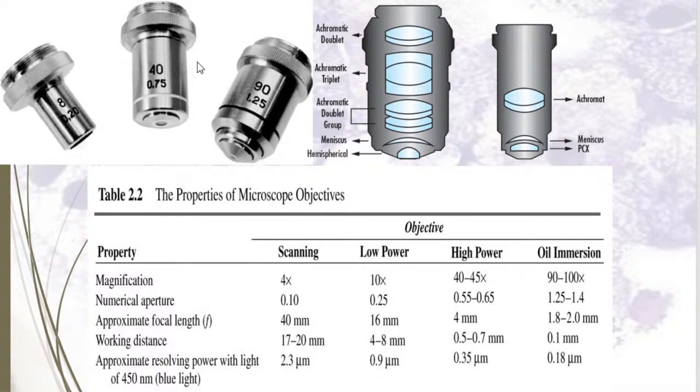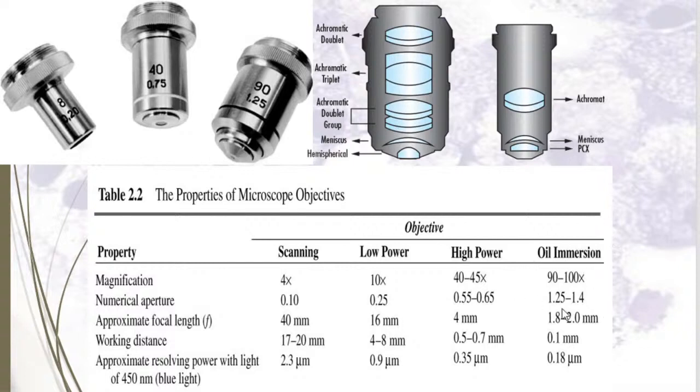Magnification is also characterized by numerical aperture. The numerical aperture is related to the diameter of the lens inside the objective, and we have seen that for low power, 10 times magnification, it is ordinarily 0.25, for higher power 40-45 it is 0.55, 0.65.